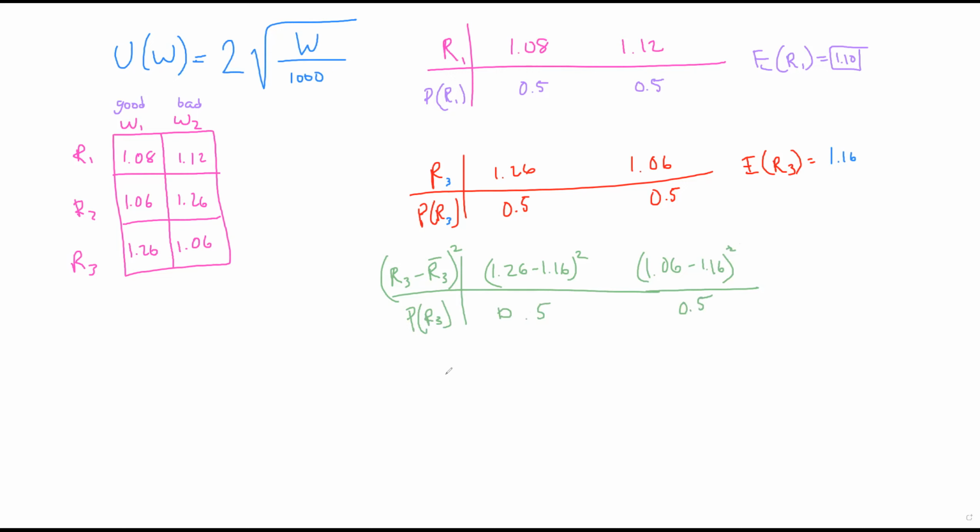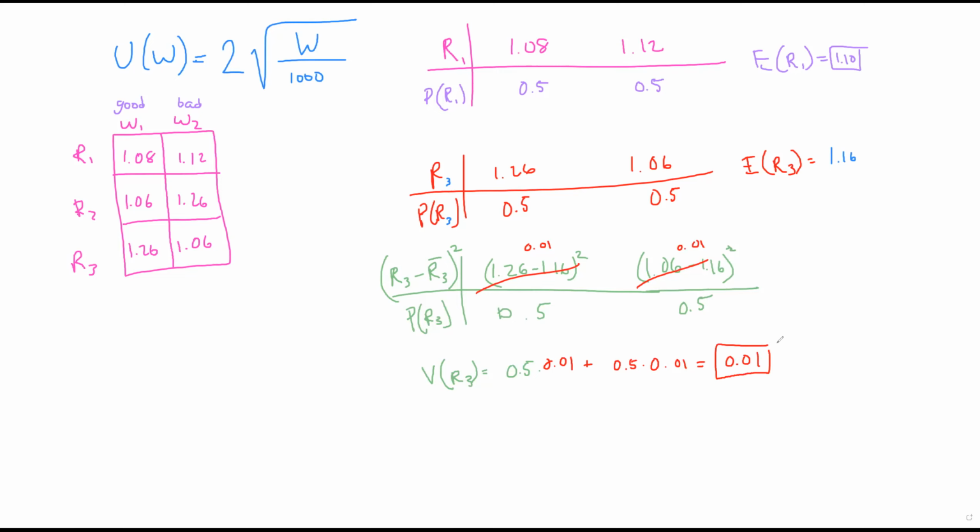And now let's find this value, 1.26 minus 1.16, which is 0.1, squared is 0.01. So variance of R3 equals 0.5 times 0.01 plus 0.5 times 0.01, which comes out to be 0.01.